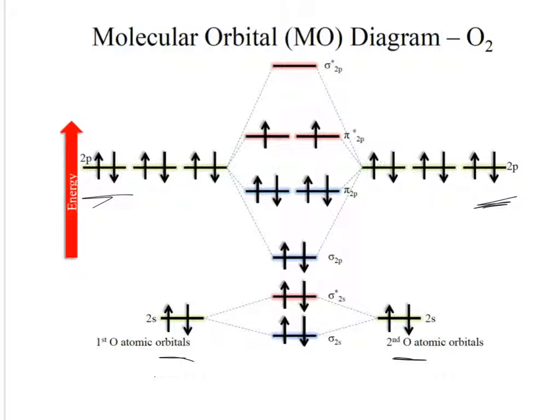Notice that the bonding molecular orbitals are always at a lower energy than the atomic orbitals that they were derived from, and the anti-bonding molecular orbitals are always at a higher energy than the atomic orbitals they were derived from. Bonding molecular orbitals cause stability within the molecule, and the anti-bonding molecular orbitals cause instability. That's why they're at a higher energy.